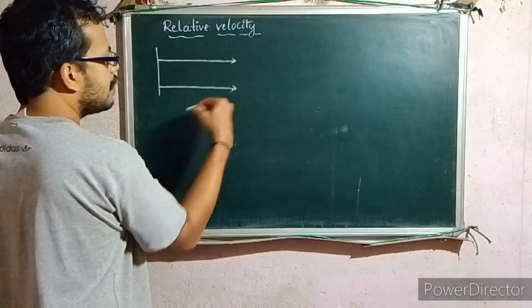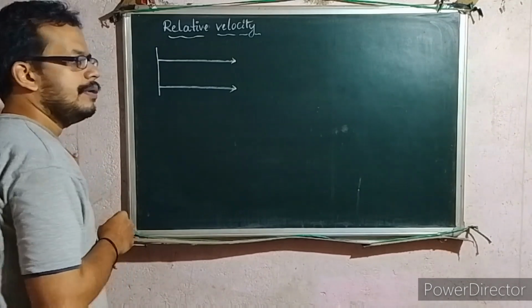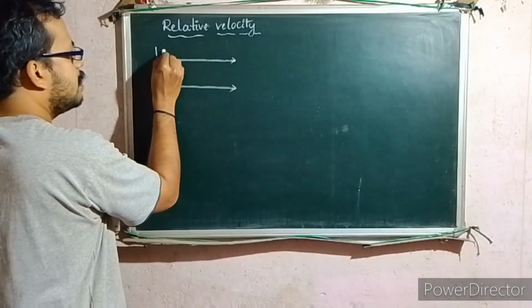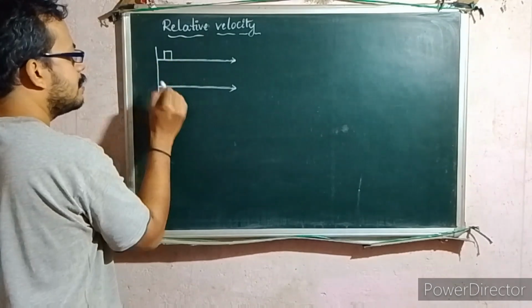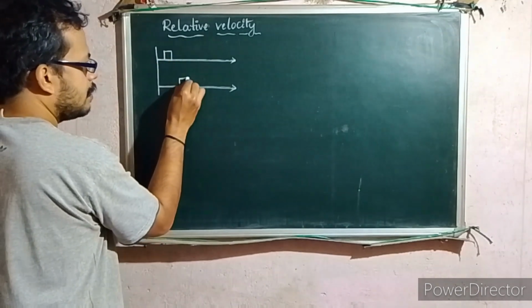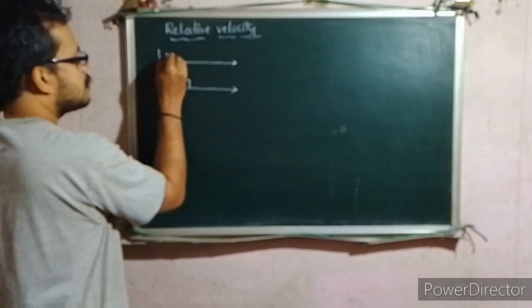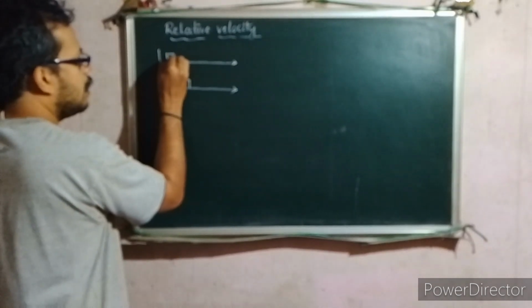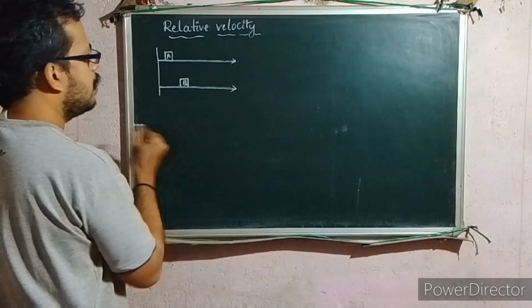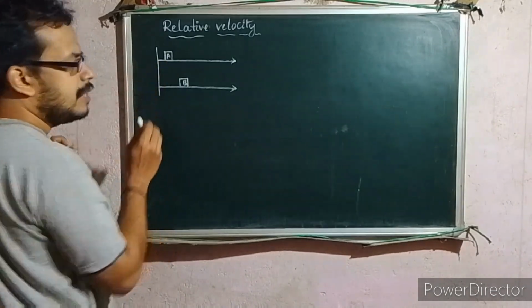Two tracks are there, and you just imagine there are two trains. One train is here, another is here. Say this is train A and train B.